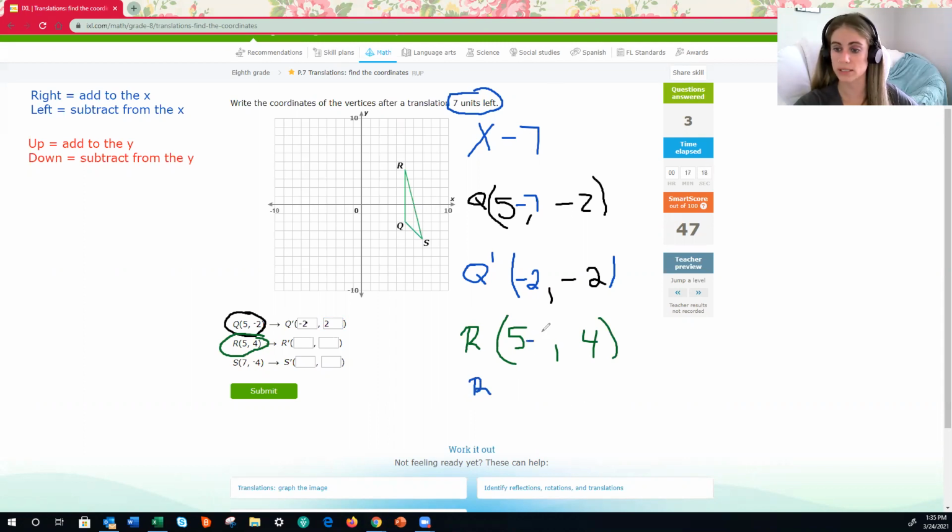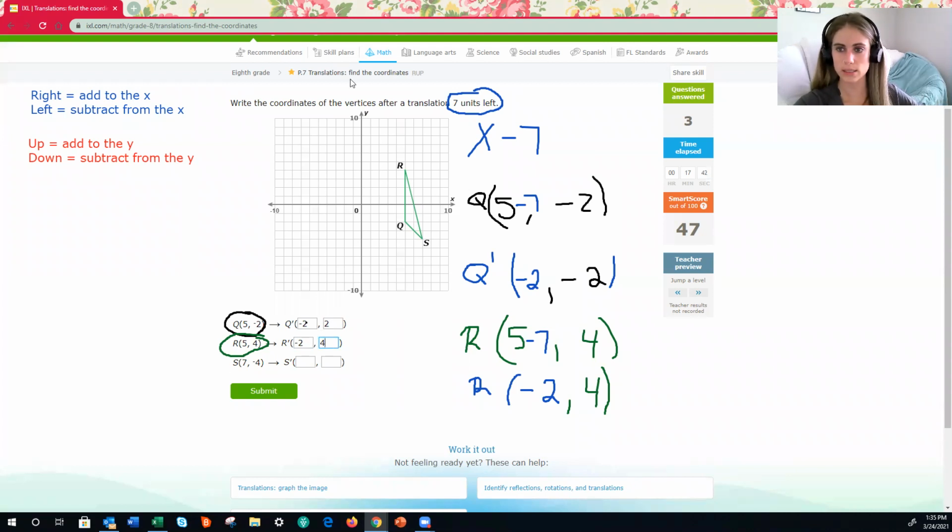We're going to subtract 7 from our x. 5 minus 7, we just did that, didn't we? All right, same thing, -2. And then it's not moving any across the y, therefore the y value stays a 4. So our R prime is located at -2, 4.